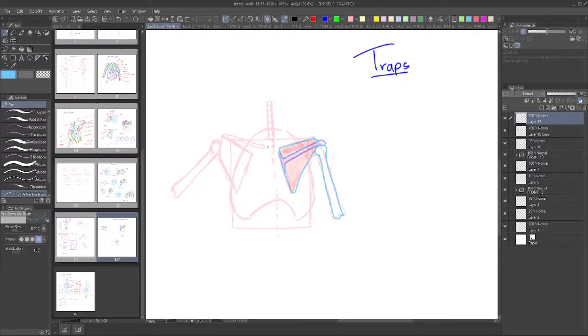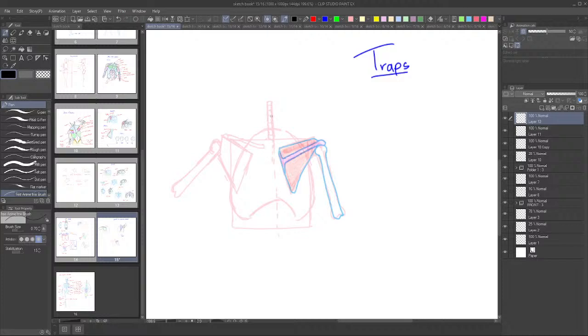So for trapezius, okay. They kind of look like a triangle. So let's draw them.